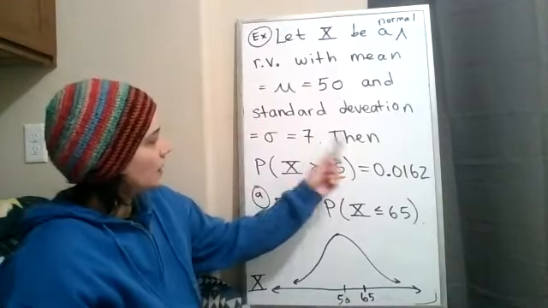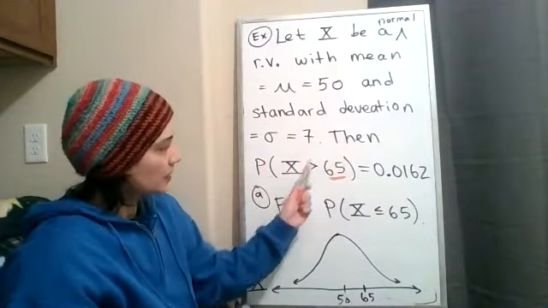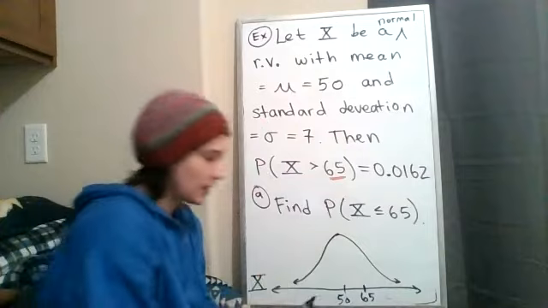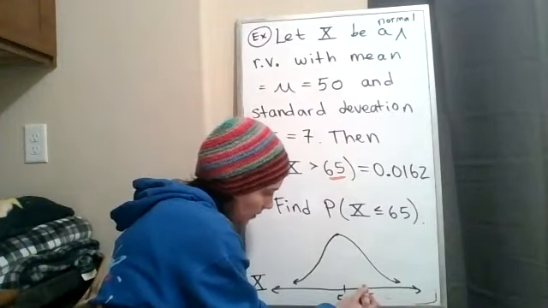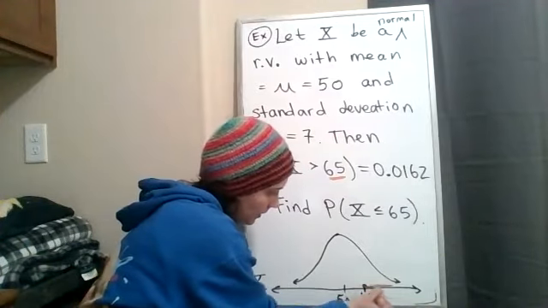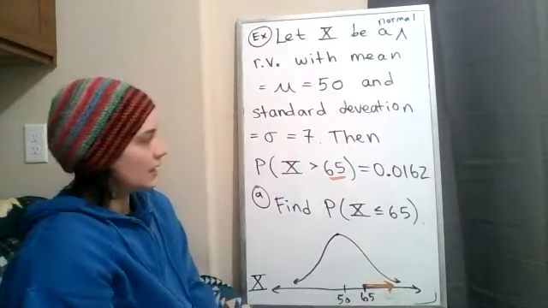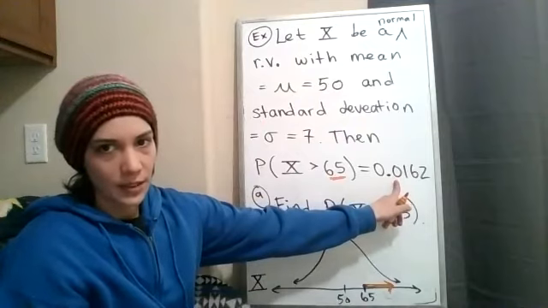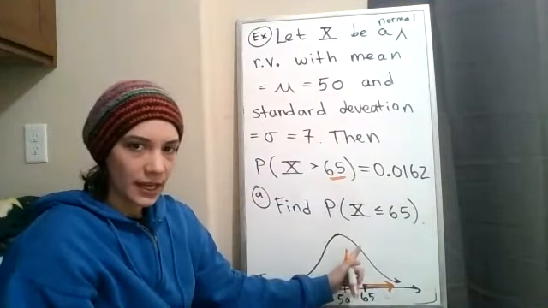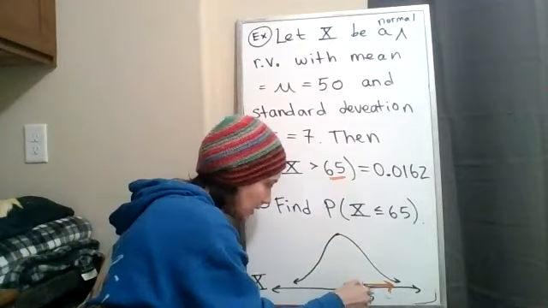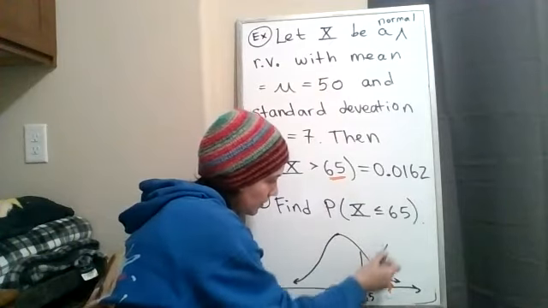You're told us that the probability that x is greater than 65, so x values going from here over to there, is 0.0162. So what I can do is shade that area and label it 0.0162.